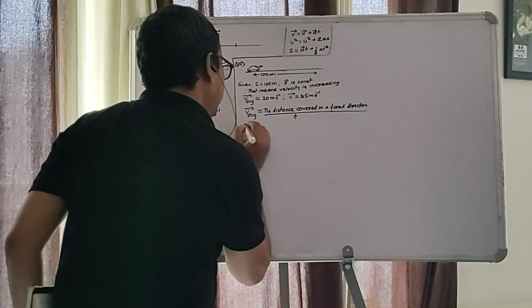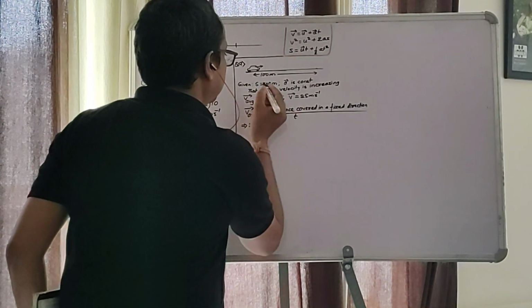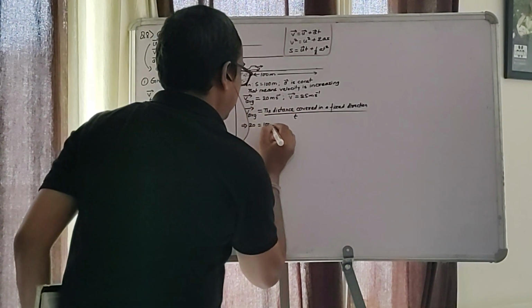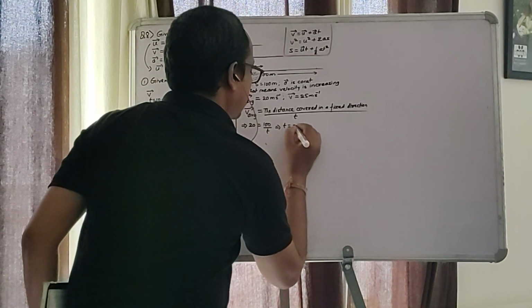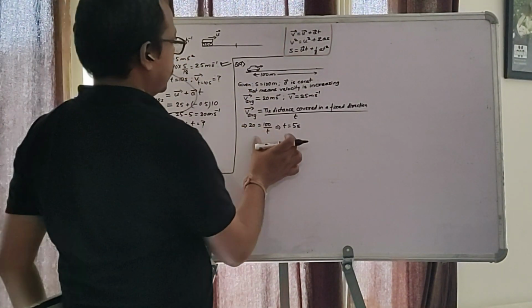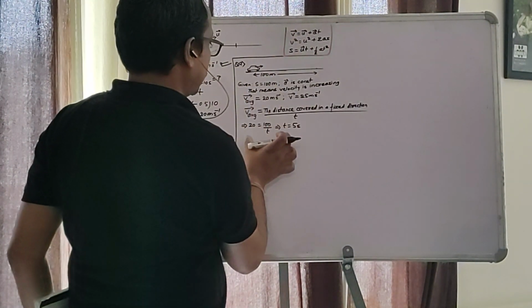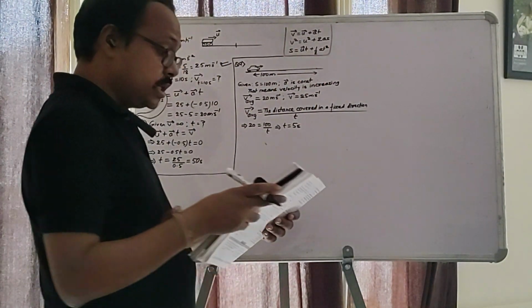So what is the average velocity? 20. What is the distance covered? 100 meter. What is the value of t? So you can calculate the value of t is 5 seconds. So you can see, yes, in 5 seconds the car achieved a final velocity of 25 meters per second, right?